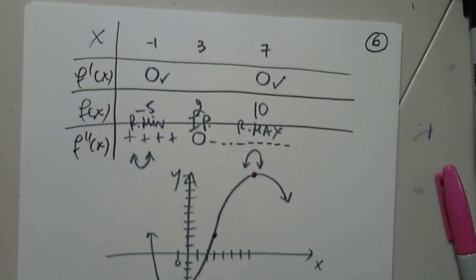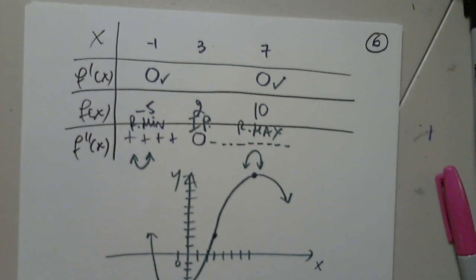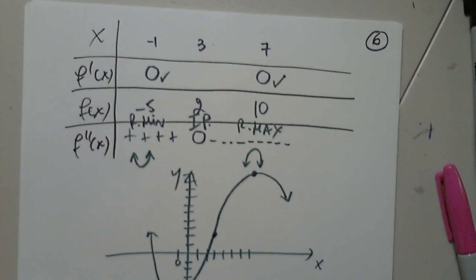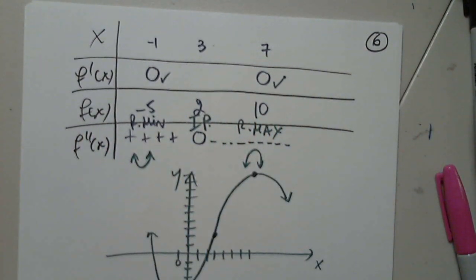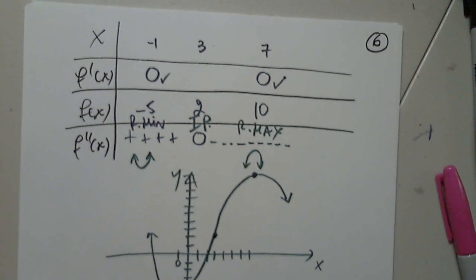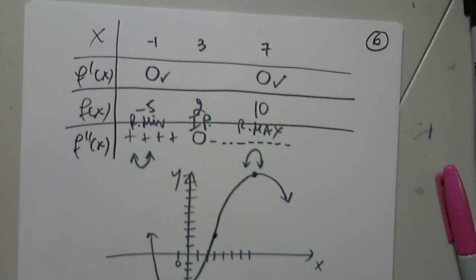Otherwise, it doesn't mean anything. Very good problem. Thank you for bringing that. Any questions? Once we put everything in the table, it enlightened us. It told us exactly what we needed to do.